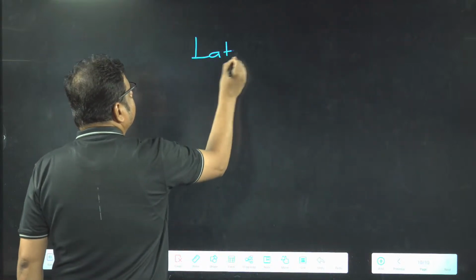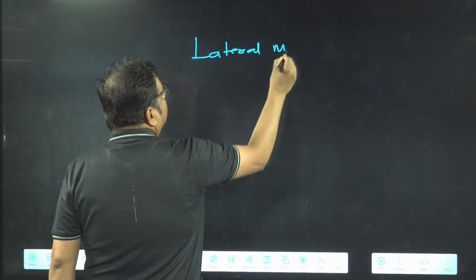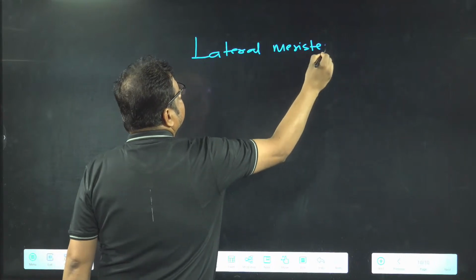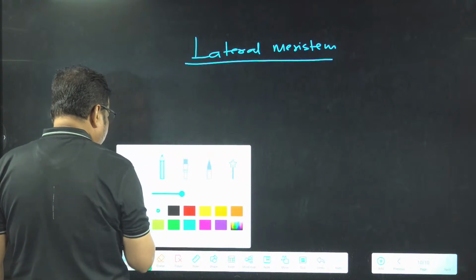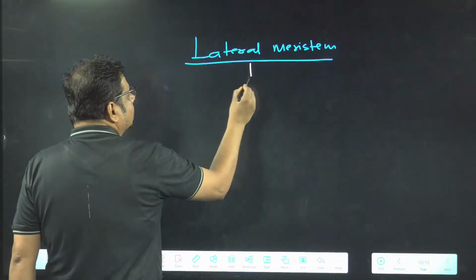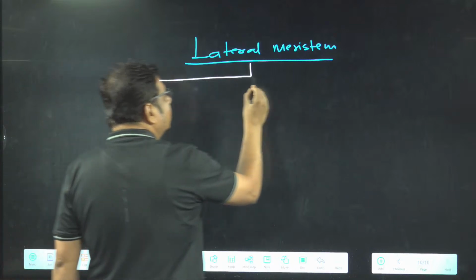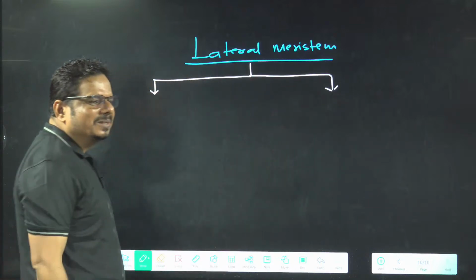Now lateral meristem. It became a long topic because of what? These extra theories I told you. I just wanted to say it in a faster way, but in the lecture time was not allowed for that because it is not in NCERT.